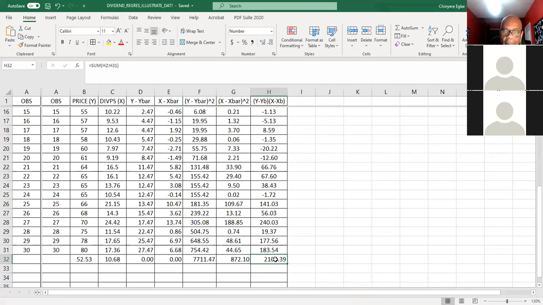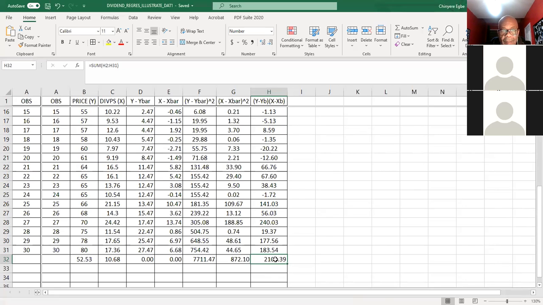The summation of Y minus Y bar is 0. It has to be 0. If it's not 0, you're doing something wrong. The sum of X minus X bar is also 0. But when you multiply the two, you get something.